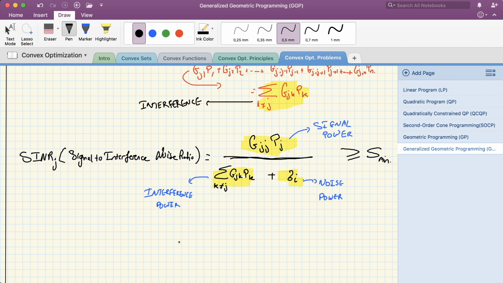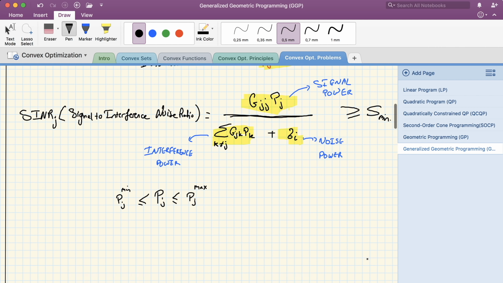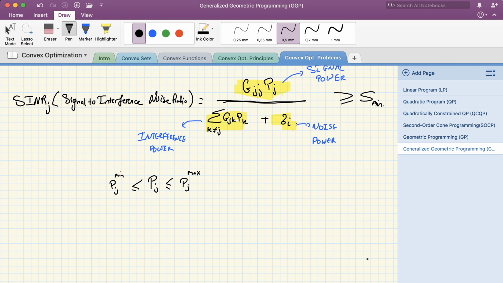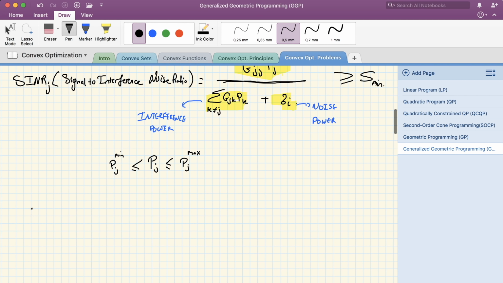So each transmitted power at each transmitter is bounded between a Pj min and a Pj max. So now your problem could be expressed as follows. It depends what you want. Do you want to maximize SINR or do you want to minimize the total power consumption? Depends what you're doing. Let's formulate this problem.